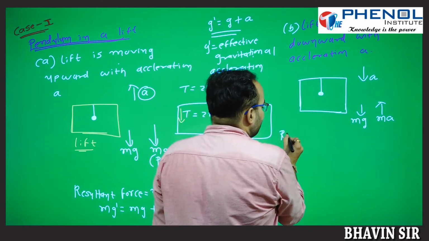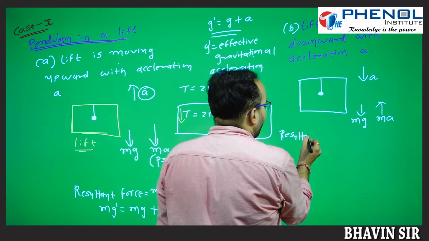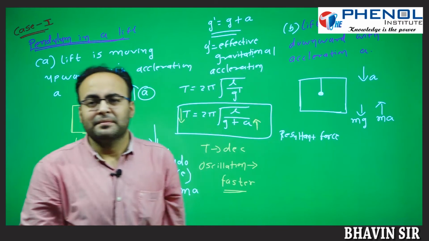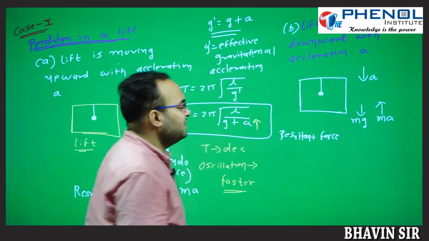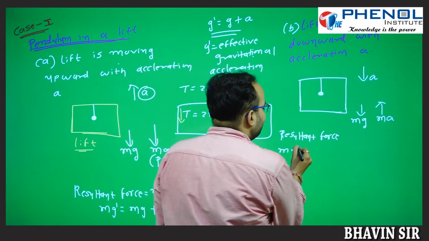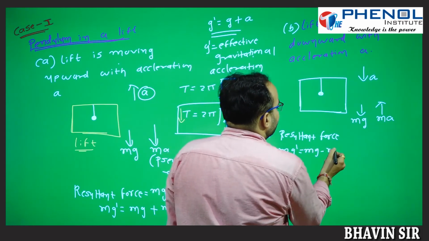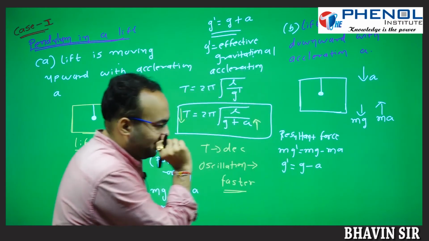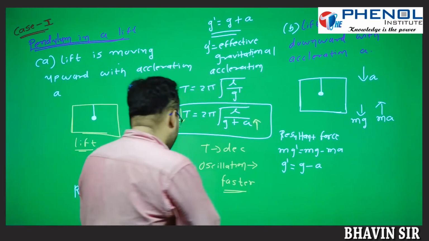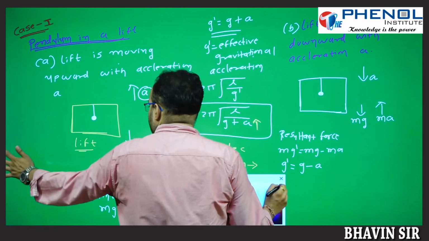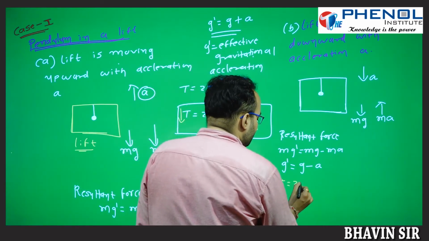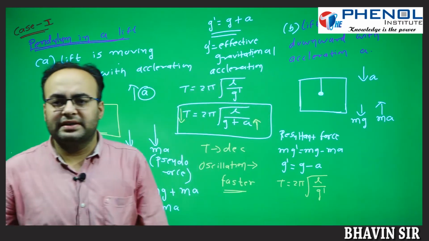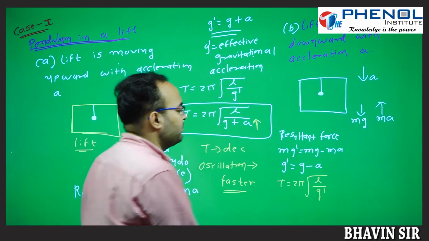So what is the resultant force? mg dash is equal to mg minus ma, m cancels, so g minus a. So what is the effect on the time period? T is equal to 2 pi under root L by g dash. And what is g dash?